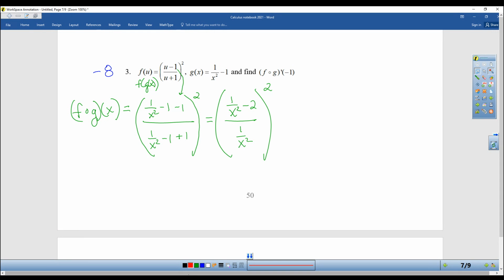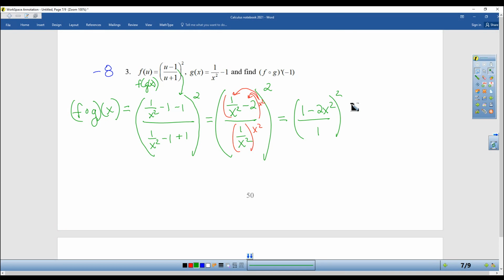Okay, I'm going to do something tricky. Within the square, I'm still going to ignore the square because I don't want to have to do FOIL. I'm going to multiply this by x squared and this by x squared. I'm going to clear the fraction by multiplying the top and the bottom by the same thing. When I do that, I distribute this to both of these, and I get 1 minus 2x squared over 1.